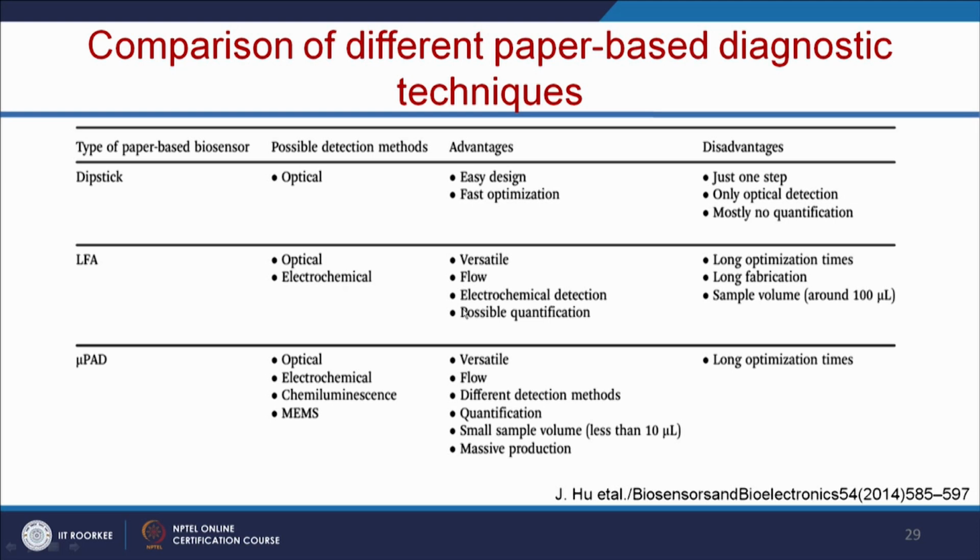And here we can also do the electrochemical detection, and the problem is long optimization times and also long fabrication. And when you use this micropad, it is versatile and has different detection methods, and the main advantage is the sample volume is less, we can use only 10 microliters of sample, but the drawback is it needs long optimization times.